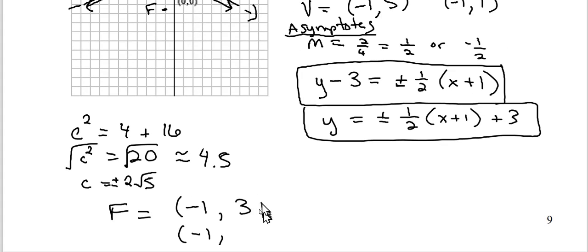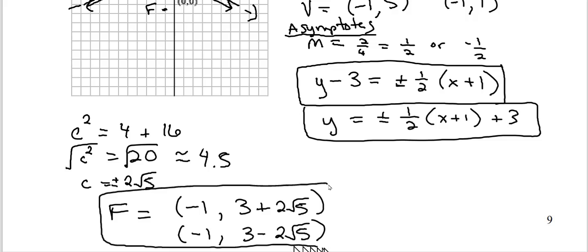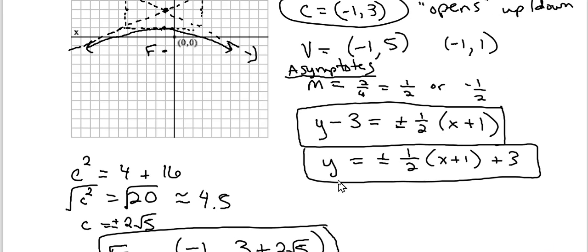So 3 plus root 20. I don't want to write that. I don't like root 20. It's not the most simplified. Let's call it 2 root 5. And then to go down, I need to subtract that distance of 2 root 5. So those are my focal points.